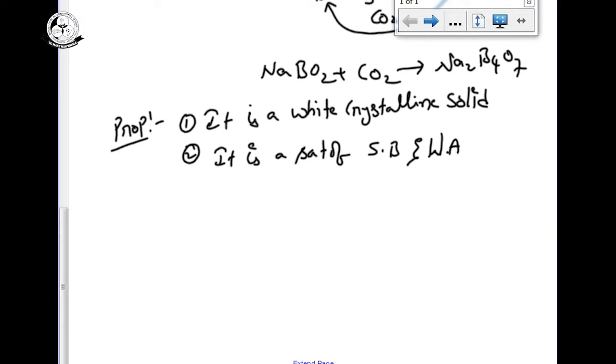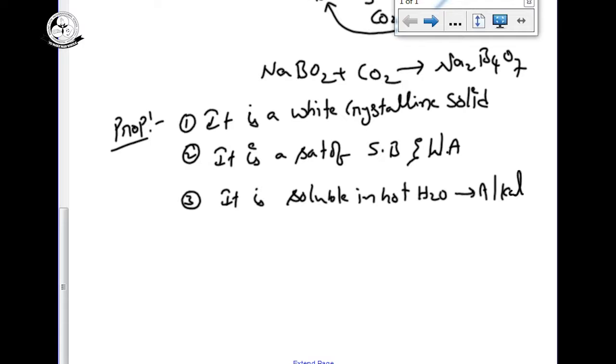Since it is soluble in hot water, the nature of this salt is alkaline, so it gives an alkaline solution.